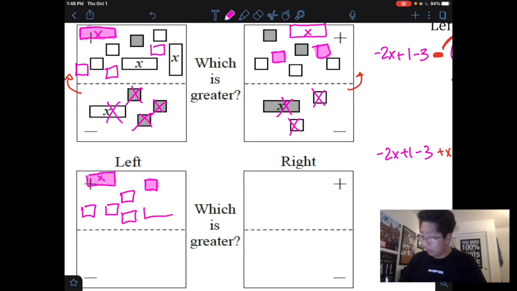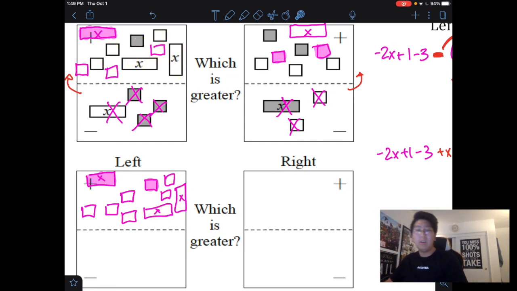I need a couple more negative x's. And then I need 2 more negative units. So there's right there. Just cross-referencing. Right here, right here, right here. These two, and then the x. Okay? So everything is accounted for.